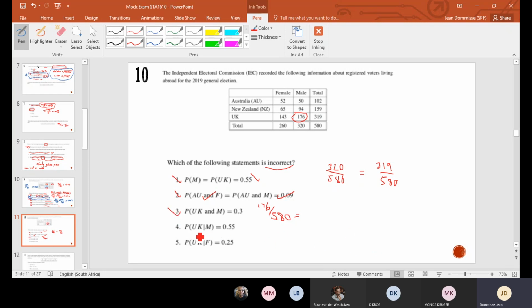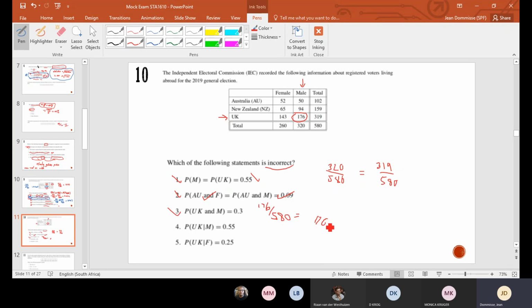Okay, so let's look at what's the probability of UK given that the person is male. How I normally look at it is, what is the probability of UK given that it is male? So I would have said, what's the probability of UK?